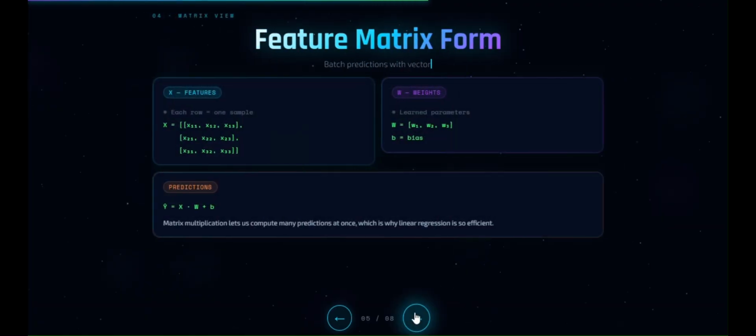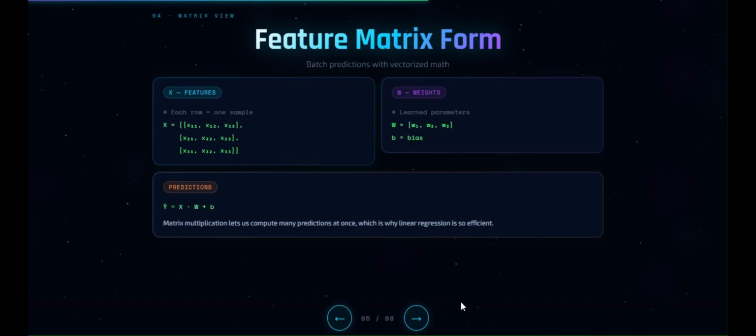In real machine learning systems, we don't process one sample at a time. Instead, we process entire batches together using matrices. The feature matrix X contains all examples. Each row represents one training example, and each column represents one feature. The weight vector W stores the learned parameters.